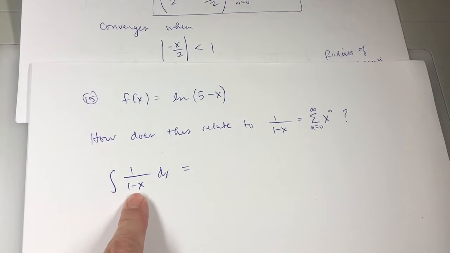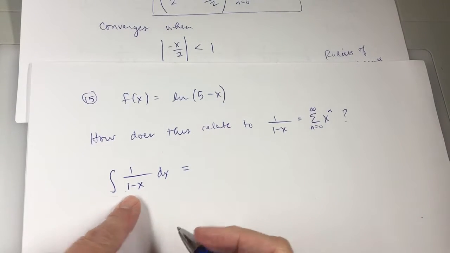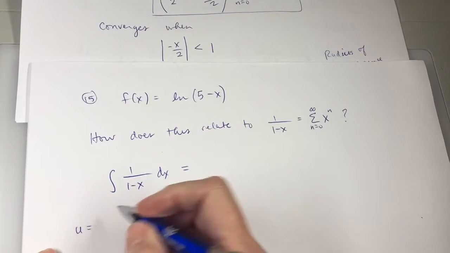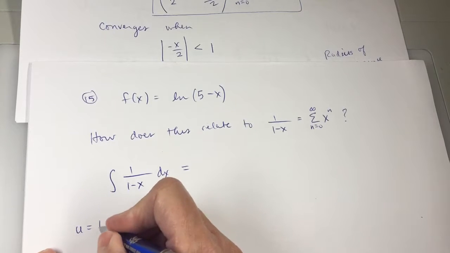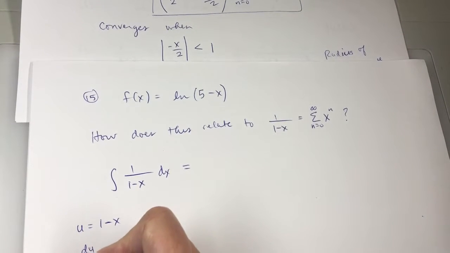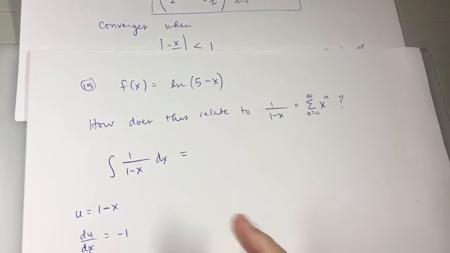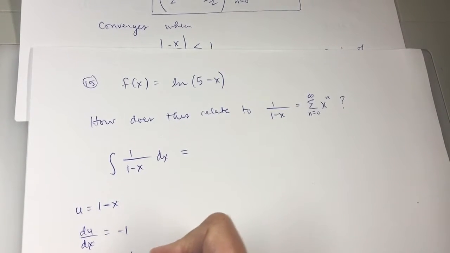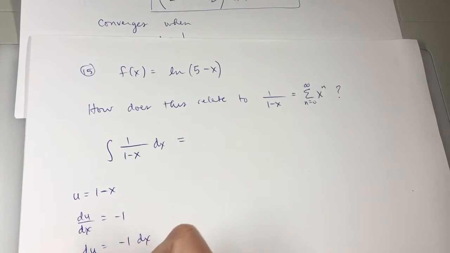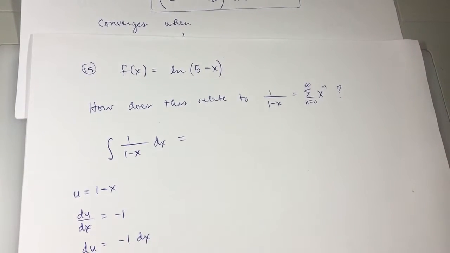So the ln, this is a u substitution. Let's go ahead and do this one. So u substitution, u would be 1 minus x. And so du over dx is negative 1. So du is negative 1 dx. du over negative 1 is dx.